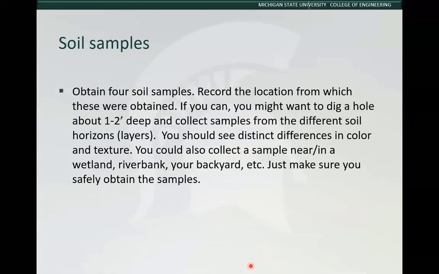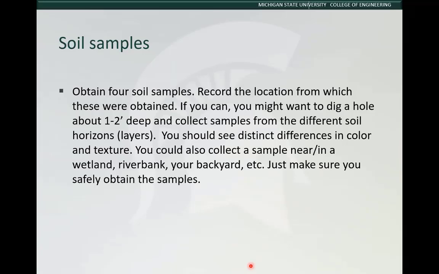Okay. So your 4 soil samples, you'll need to record the location where you obtain these. You might want to dig a hole about 1 to 2 foot deep. Again, if you need any equipment, just let me know and we'll figure out how to get that.